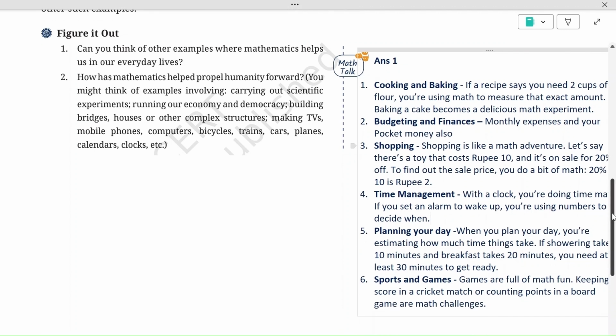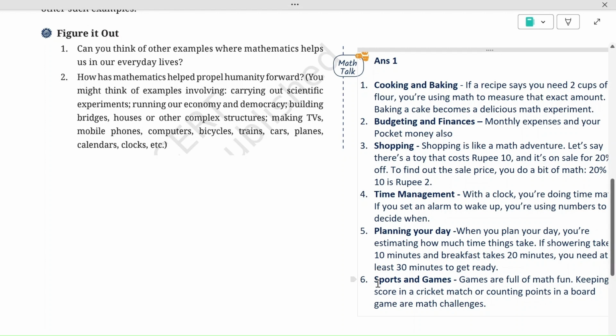Whenever we have a task to complete, the time is always set. For example, you estimate that I take 10 minutes to take a shower, then I'll take another 20 minutes to complete my breakfast, and after 30 minutes, I will be ready to do the next set of work. So in all this planning which we have done just now, mathematics is used for the calculation.